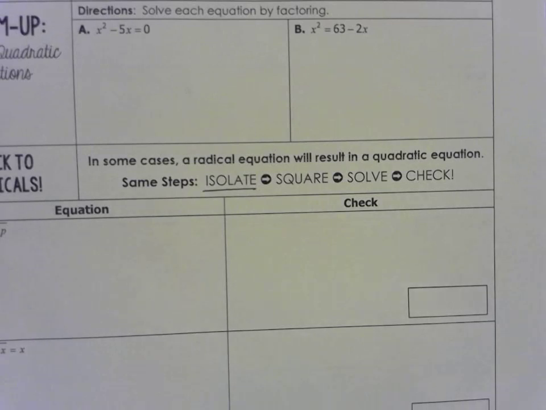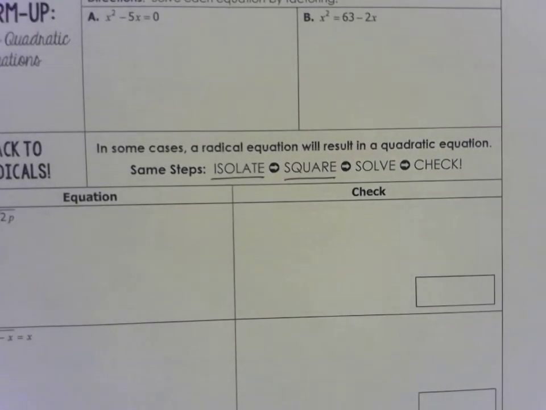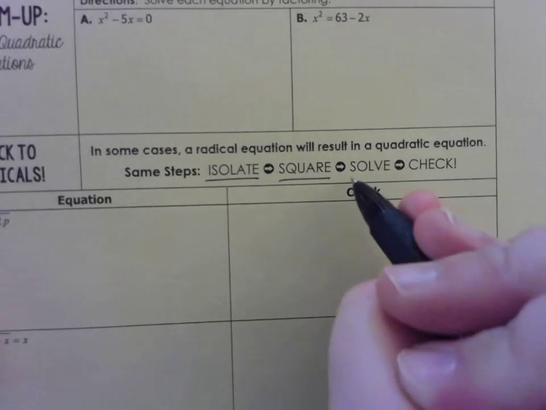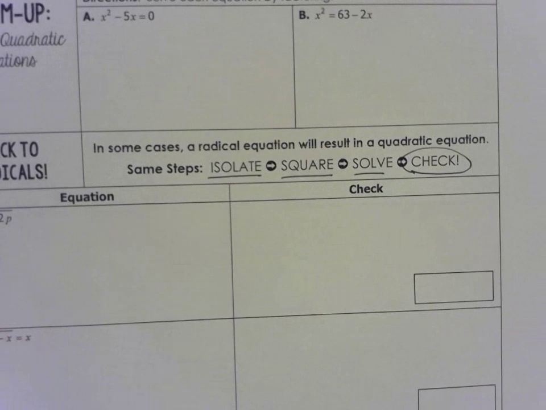Once the radical is alone, you square both sides, because squaring cancels out the radical. Then we solve, and you always have to check by plugging it in to make sure it works. Sometimes these will come out that they don't work. The steps are the same.